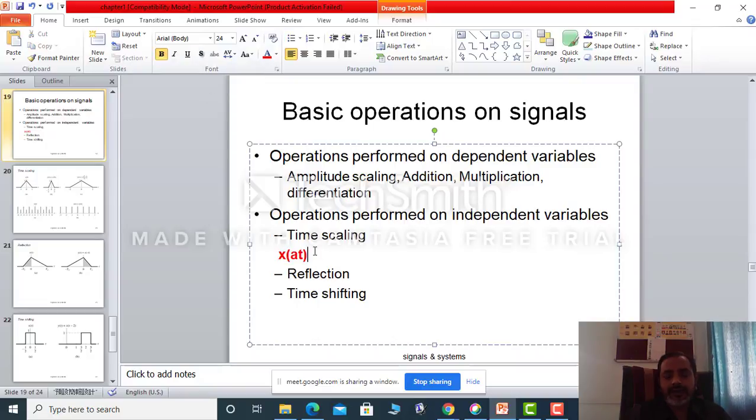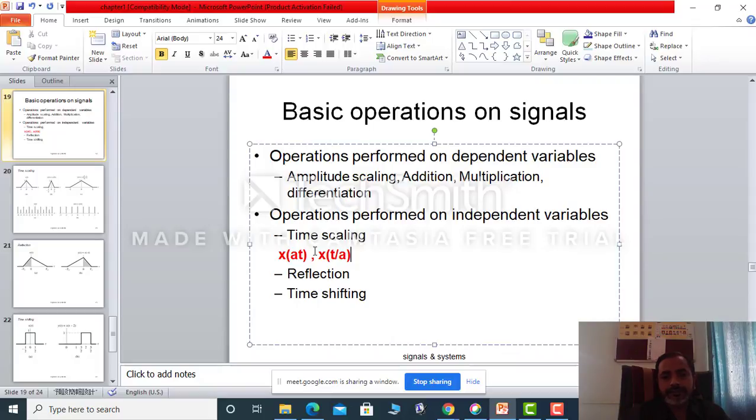And for decompression, or for signal enlargement, it is written as x of t divided by a. On my PPT in red line, I have written this.